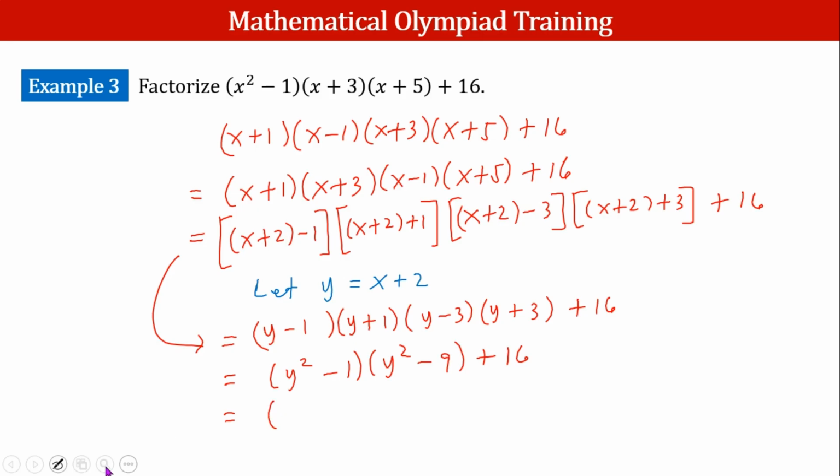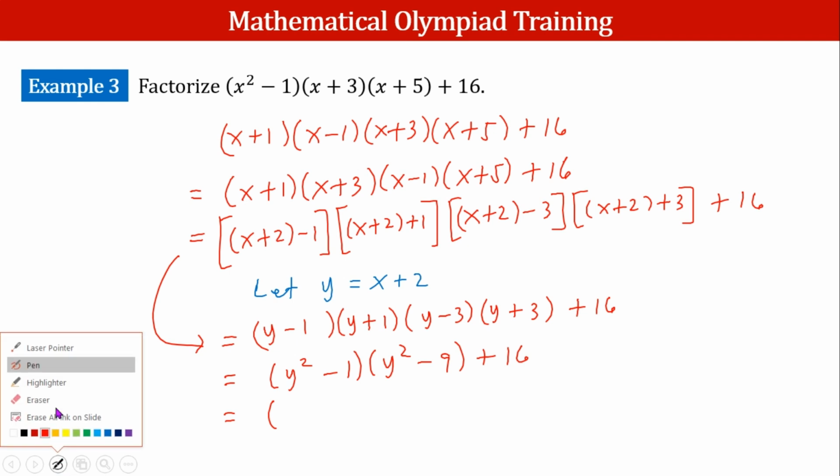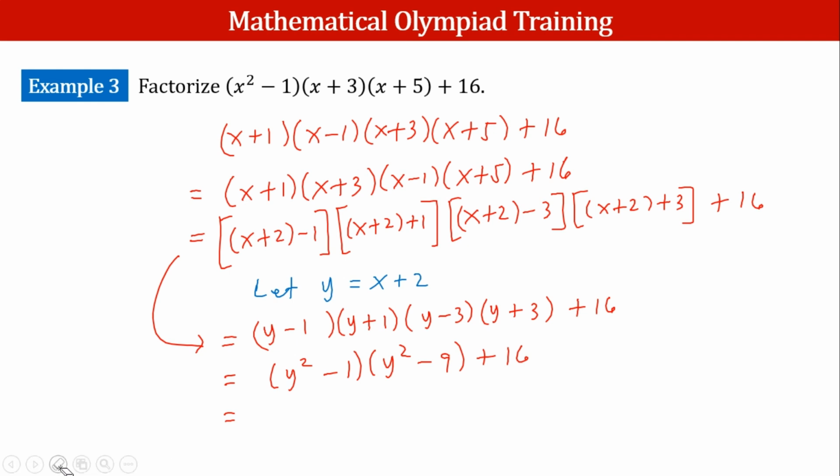So I'm just not going to use parentheses. Okay, so we're going to have y raised to 4 minus 9y squared minus y squared plus 9 plus 16. So this is going to be y raised to 4 minus 10y squared plus 25.